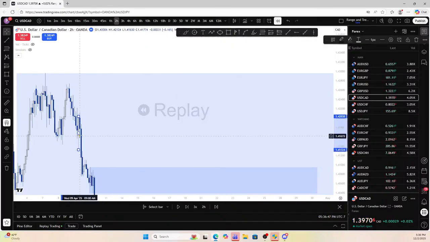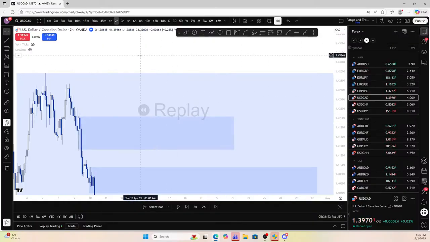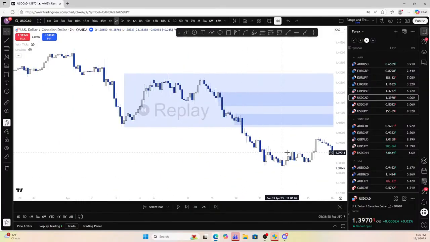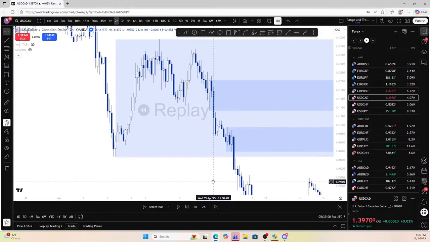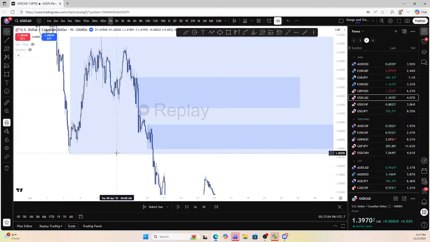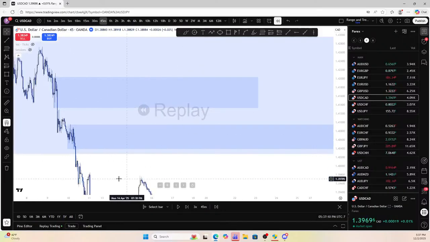So when I'm going through, I'll mark all this until I'm satisfied, because I'm mostly looking for a reaction from these areas anyway, and all these efficiencies want to be filled. The market just does that. It doesn't like these inefficiencies, so for whatever reason the algorithms just go right into them eventually. So it helps you understand.